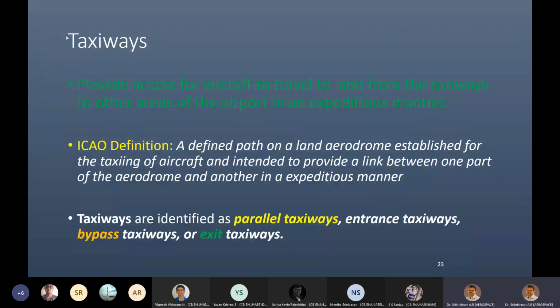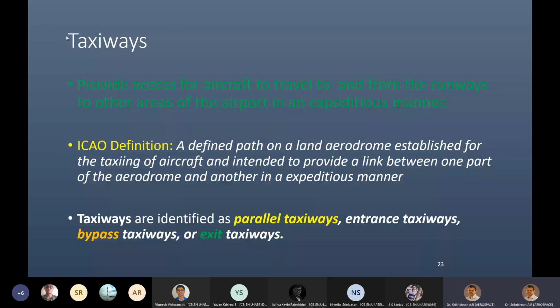Now, depending on the design, the purpose and the main emphasis of the configuration or combination of the taxiway with the airport, usually taxiways are categorized as parallel taxiways, entrance taxiways, bypass taxiways, or exit taxiways.